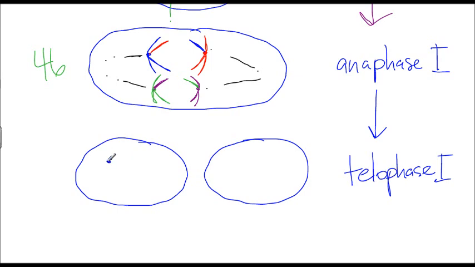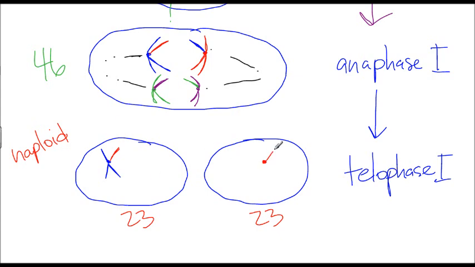They don't have the homologous pairs anymore. They actually have the haploid number. So now we've divided the 46 chromosomes that we started with into 2 cells that have 23 chromosomes.